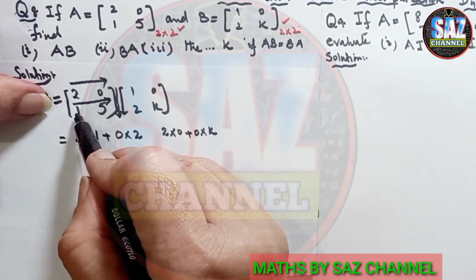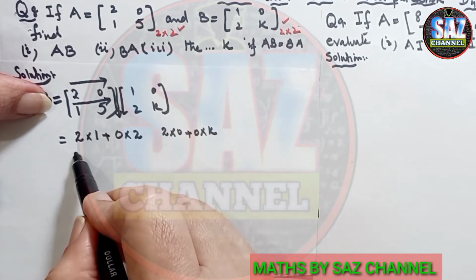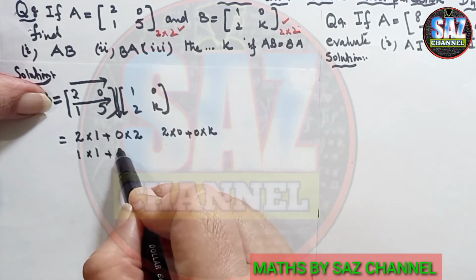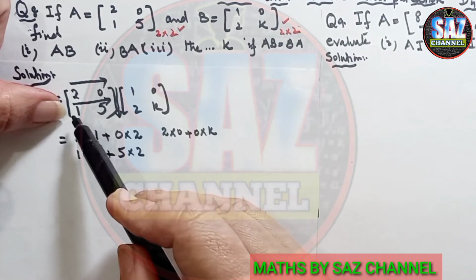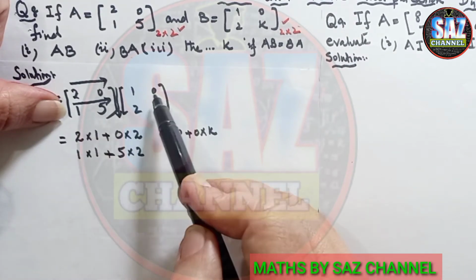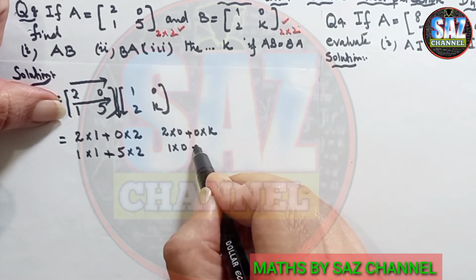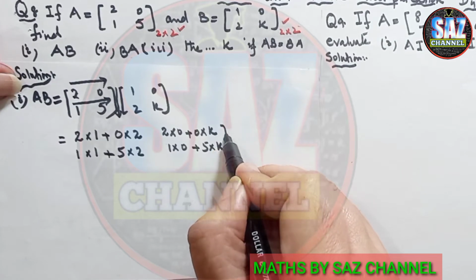I pick up the first element and multiply it with the first element of the second matrix: 1 multiplied by 1 plus 5 multiplied by 2. Again, I take 1 and multiply it with 0: 1 multiplied by 0 plus 5 multiplied by k, and now let me close the brackets.